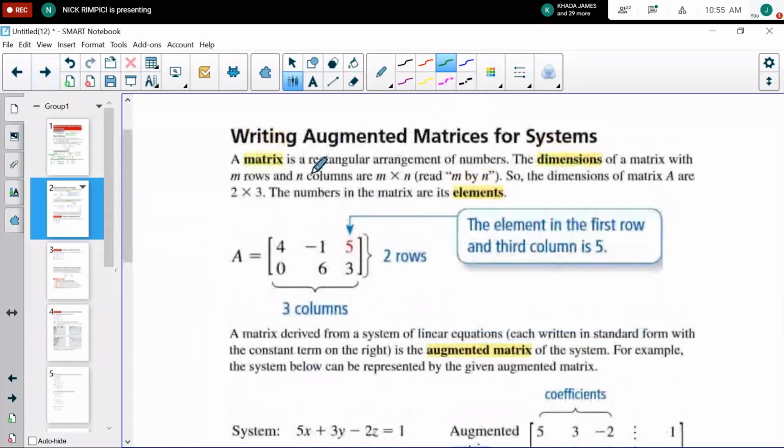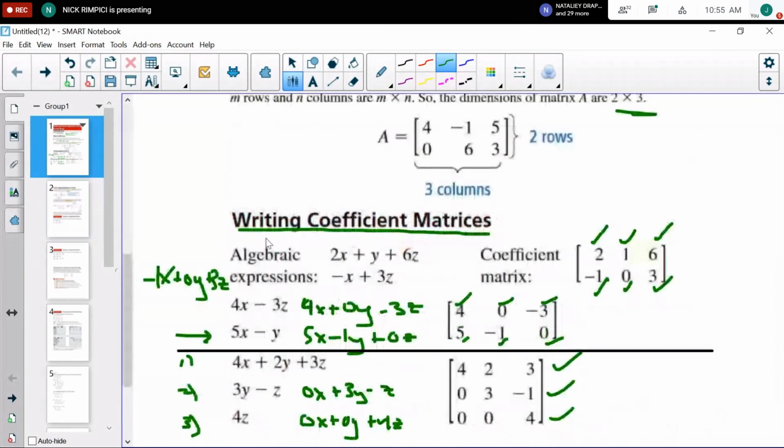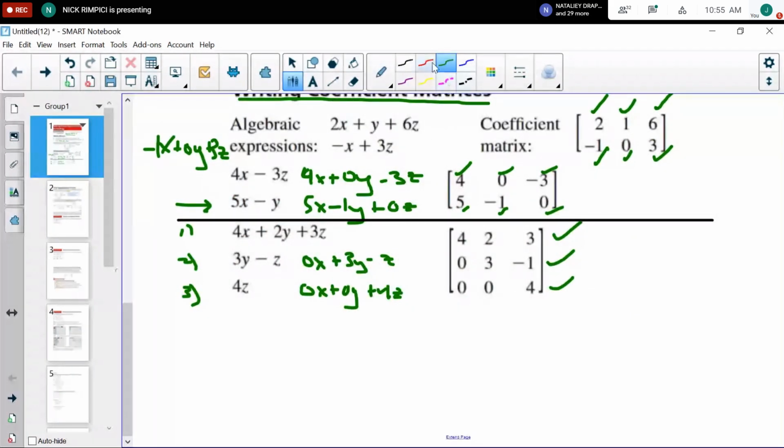So more on writing augmented matrices for the system. The augmented matrix is what's going to be substituted into the computer. So we need to convert whatever it is we have into an augmented matrix. Now, the augmented matrix that I created in the last example, this right here, this is considered an augmented matrix, because this is what I'm going to be substituting into the computer.